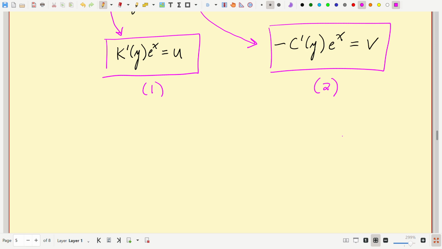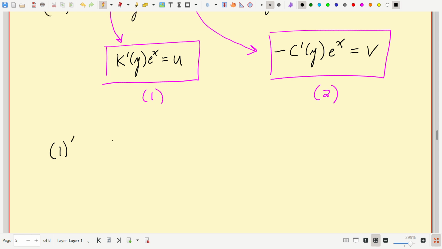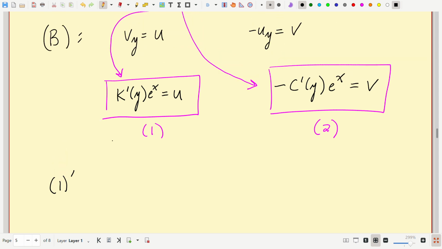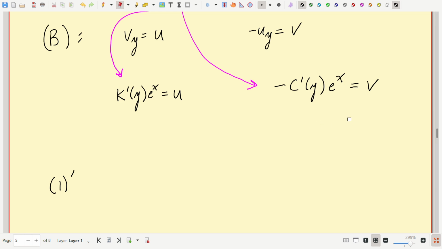Remember, u was equal to c of y times e to the x, and v was equal to k of y times e to the x.